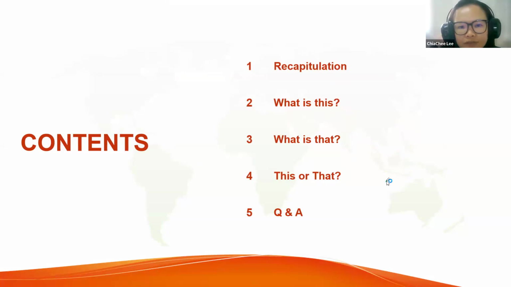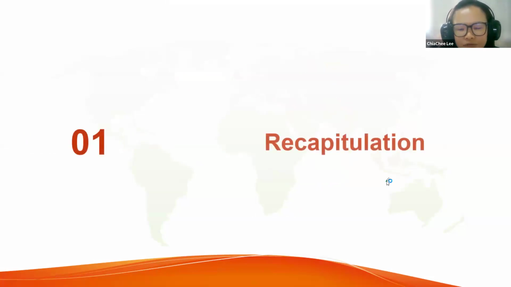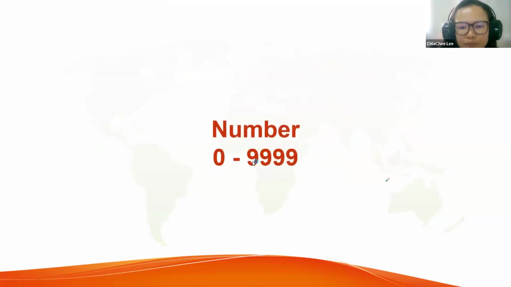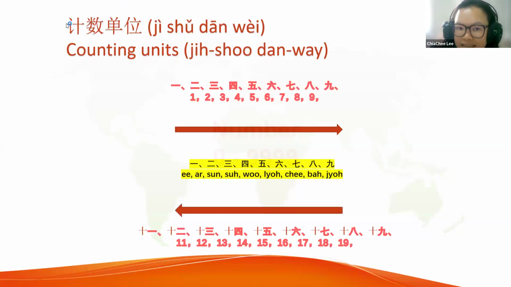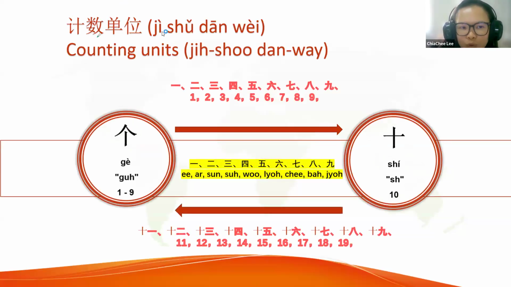So what we have here is a recap from previous learning. We have 0 up here, and the biggest number of this module, 9,999. We get to know the 计数单位, the counting units.